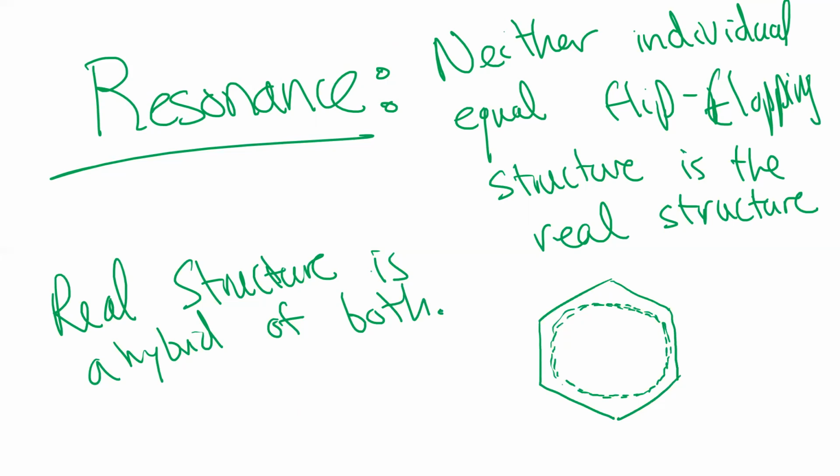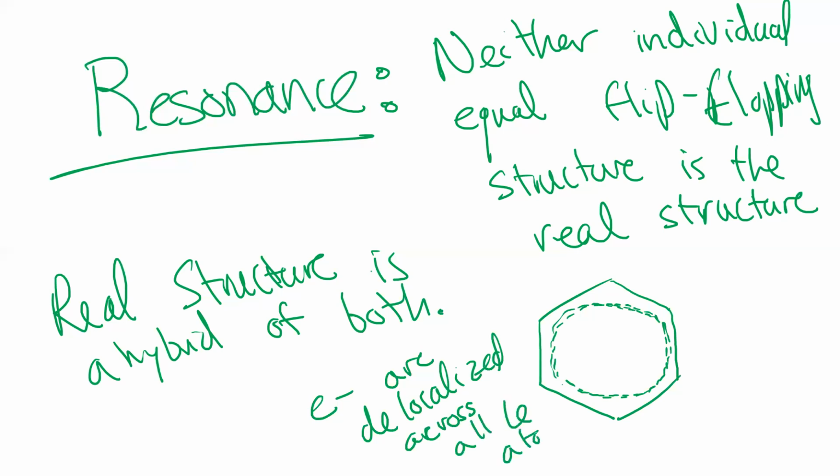Even more cool, when you get what we call delocalized electrons, so the electrons are delocalized across all 6 atoms. When you get delocalized electrons like that, that is how you start to get color.